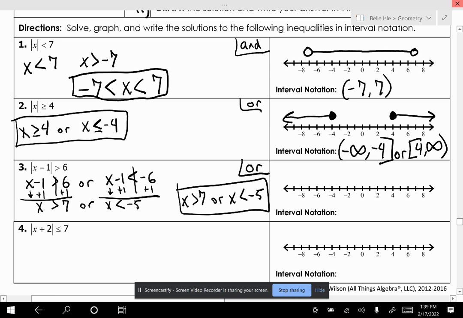Okay, make sure you give me your inequality notation, box it in, then you can get to your graph.